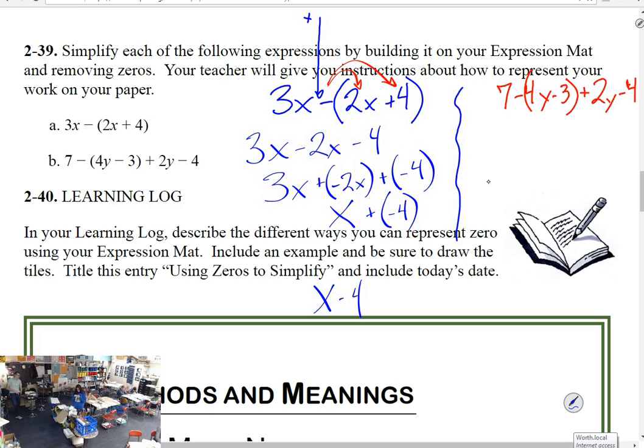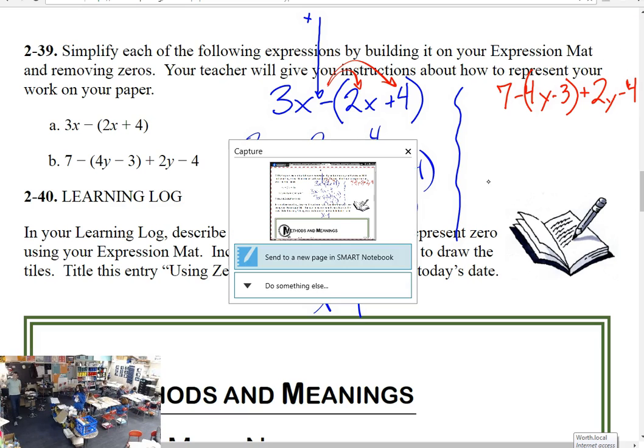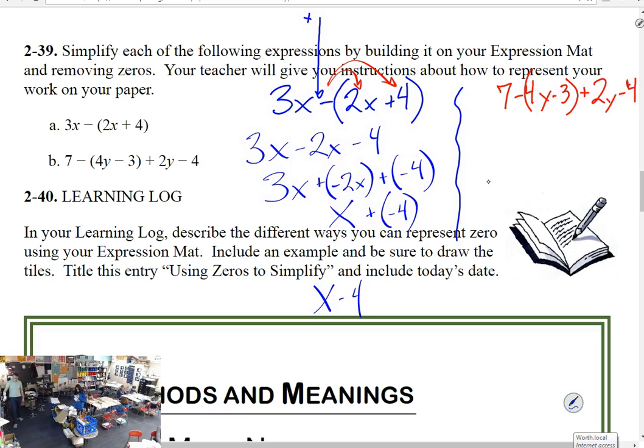B is a bit harder, isn't it? Why? Well, there are just more numbers.